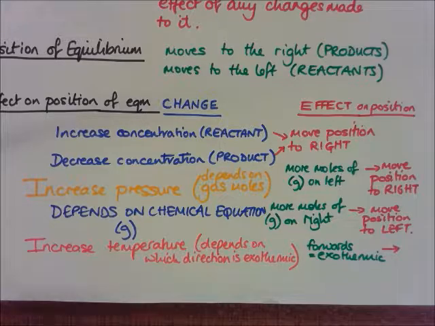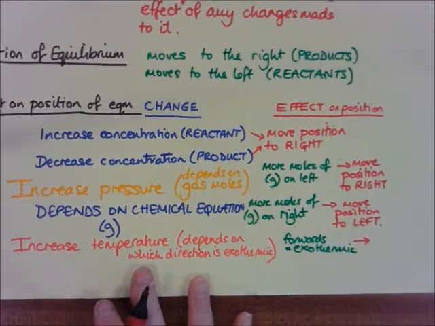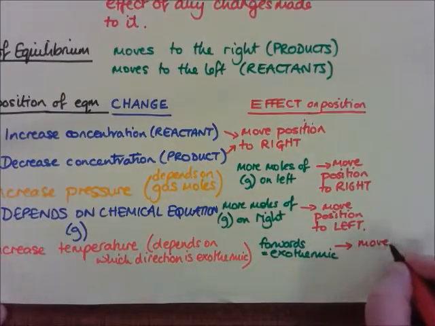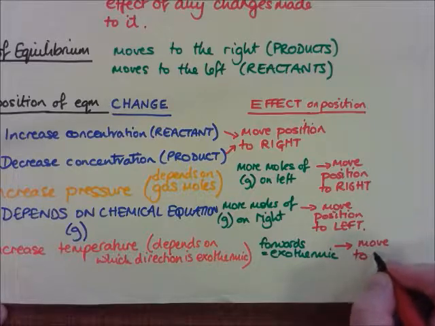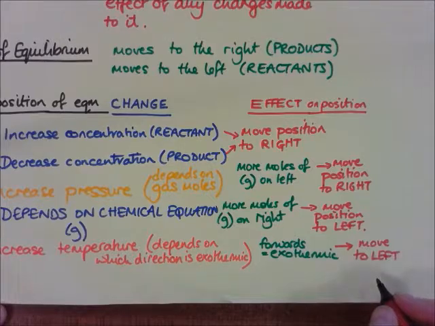Therefore, by Le Chatelier's principle, the equilibrium is going to try and reduce that effect by trying to reduce temperature. And the way in which temperature is reduced is with the endothermic. So therefore, if the forwards reaction is exothermic, the reverse is endothermic. And what will happen is that the position of equilibrium will move to the left to favour the endothermic reaction.